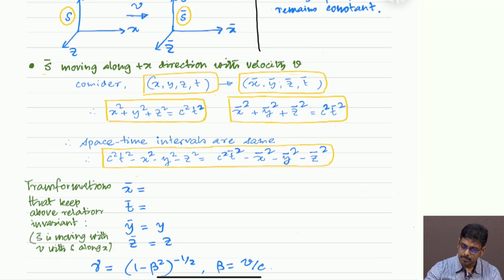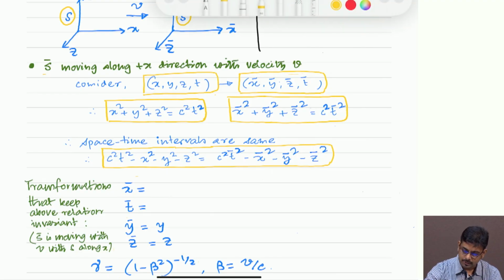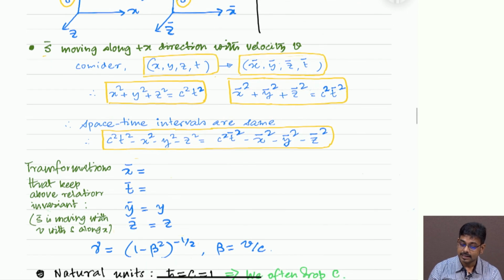The question is: what is the transformation that will take you from x, y, z, t to x bar, y bar, z bar, t bar, so that c squared t squared minus x squared minus y squared minus z squared is equal to c squared t bar squared minus x bar squared minus y bar squared minus z bar squared? What is the transformation?